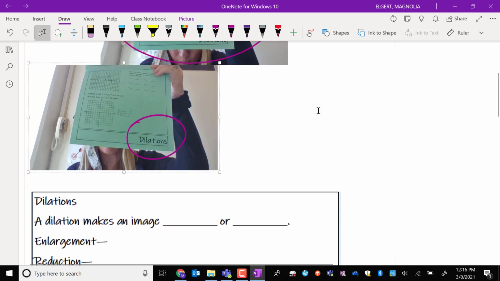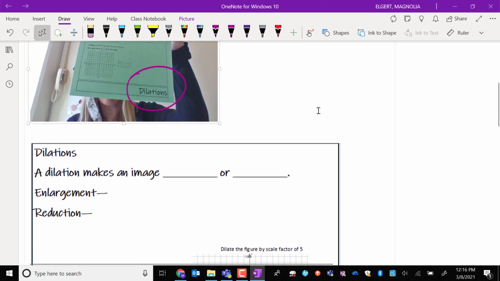All right. Then on the top of your paper, it says dilations. A dilation makes an image either bigger or smaller. Remember, we've talked about this before. So it either makes it bigger or smaller.